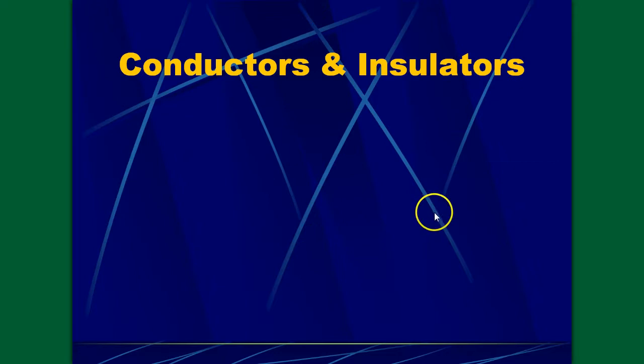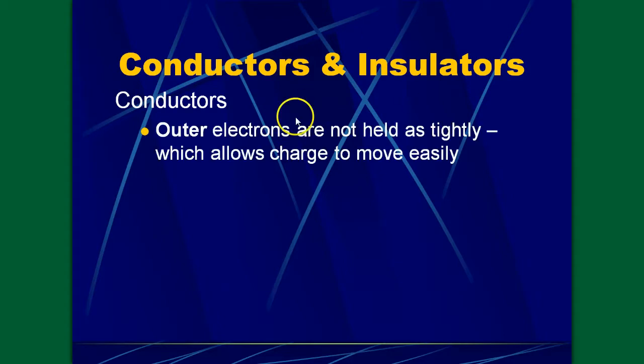All right, we know about conductors and insulators as far as electricity is concerned. You know that things like metal and water conduct electricity very easily, and the reason they do that is that if electricity is about transferring electrons, conductors do this very well because their electrons are not held very tightly. It allows the charge to move very freely, very easily.